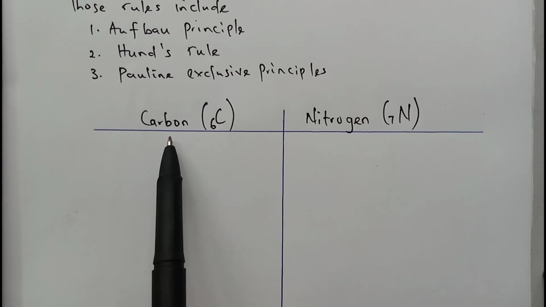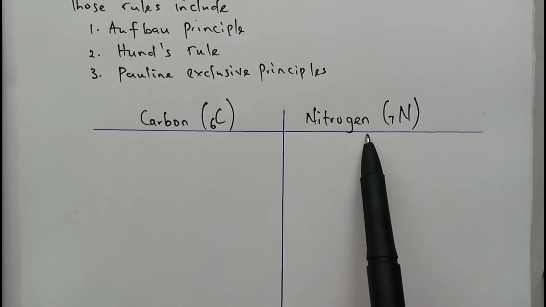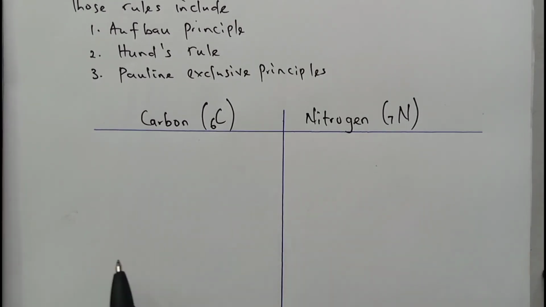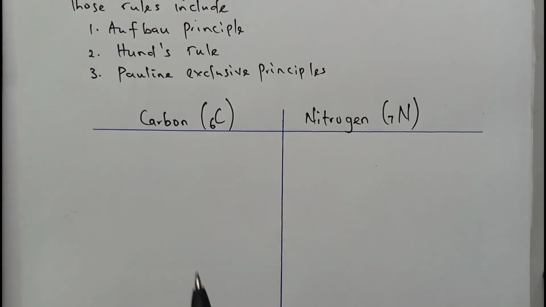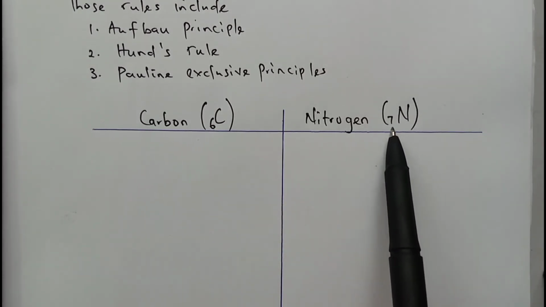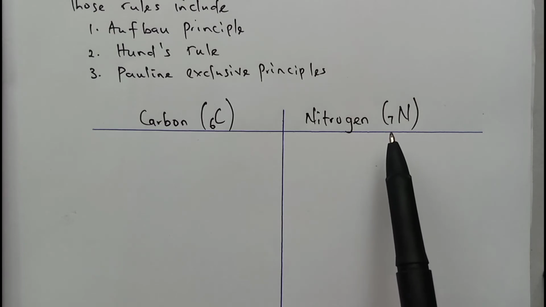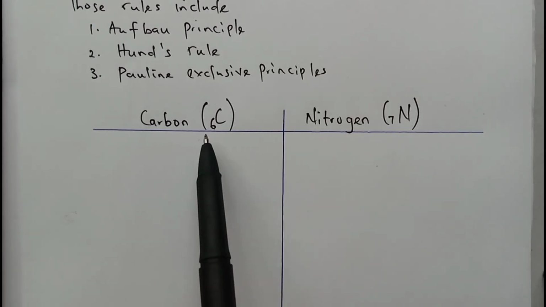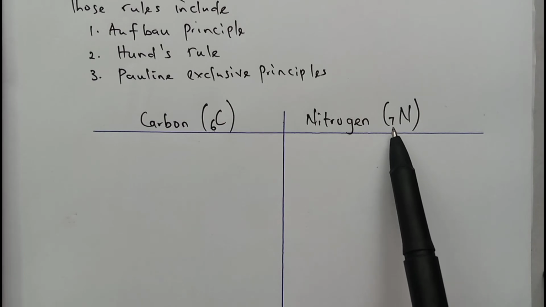This is carbon, this is nitrogen, and the atomic number of carbon is 6 and that of nitrogen is 7. That means that, as I said earlier, the number of electrons for carbon is going to be 6. You're going to distribute them around the nucleus of the atom based on energy level and following certain rules. The same thing is going to be done here.